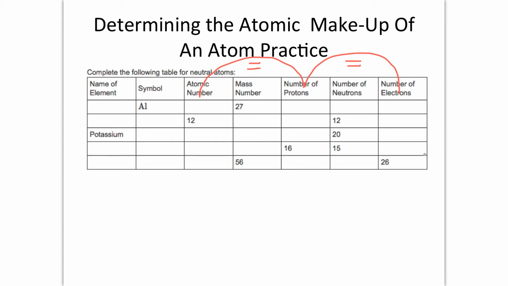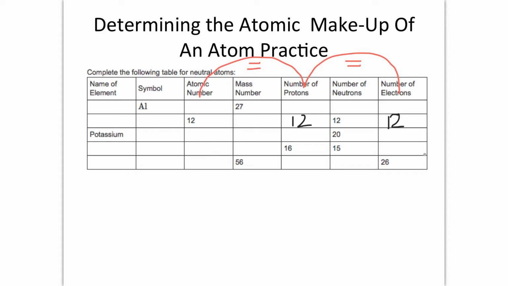So whatever number you put in this box here is going to be the same for this box, which is going to be the same for this box. Okay? So we can go in right now and just fill them all in. So we know that the atomic number here is 12, so that means this is 12, and this is 12, okay?